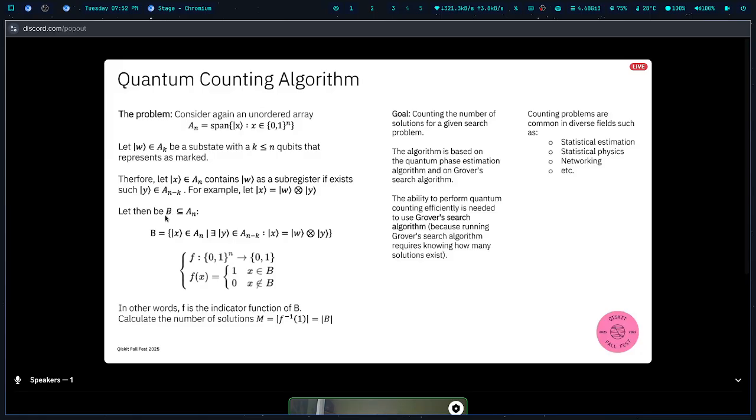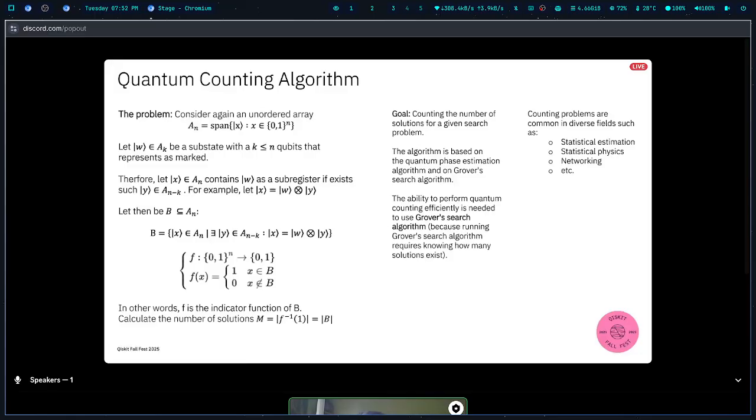Let's continue. Now let's have a B that is contained in this A of n. This is the same thing that we said before: let's try to find all the possible values which represent this W. And that's the idea. Now we have a different form.